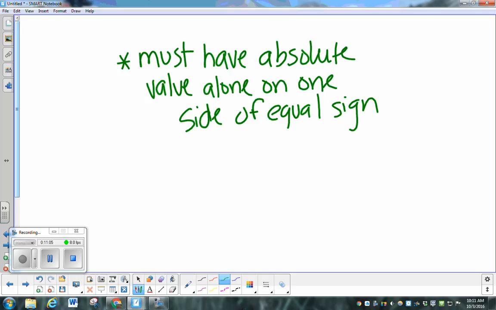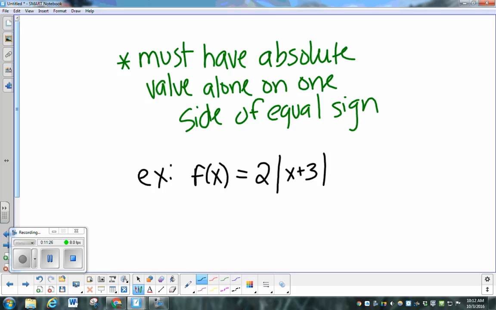So let me write an example under here, and you guys can start writing the example, but I'll go through it with you. So for example, I'm going to do that thing you guys don't like with the f of x. Let's say f of x equals 2 times the absolute value of x plus 3 plus 1.